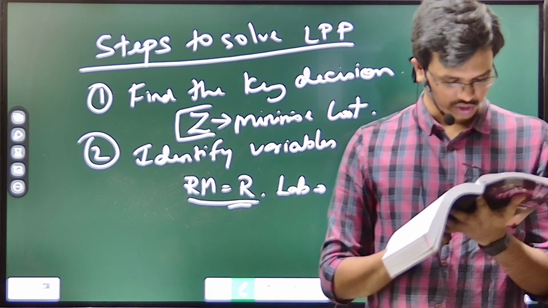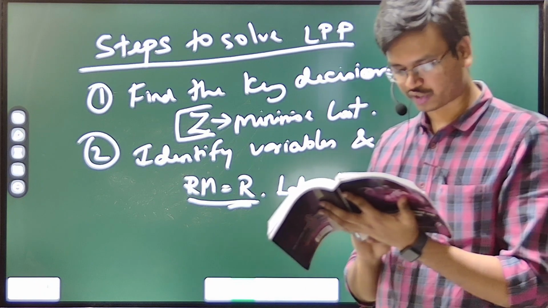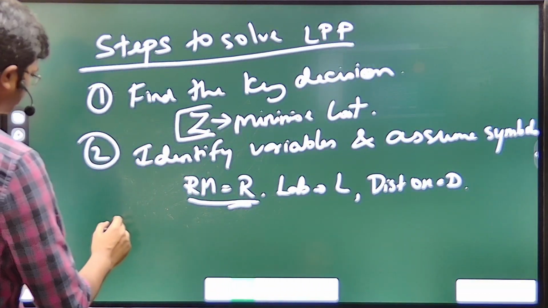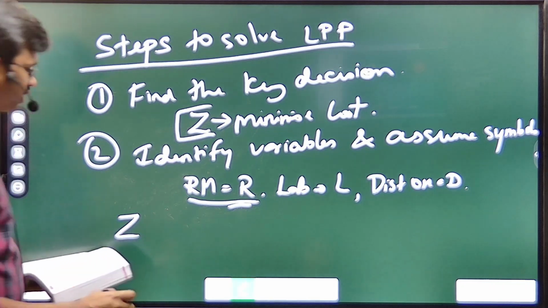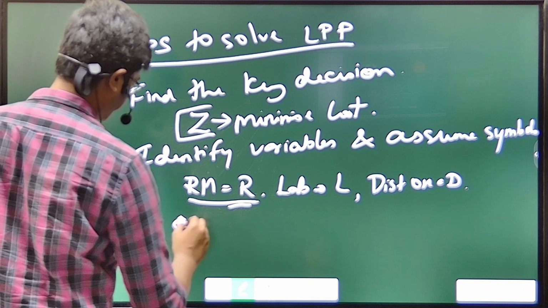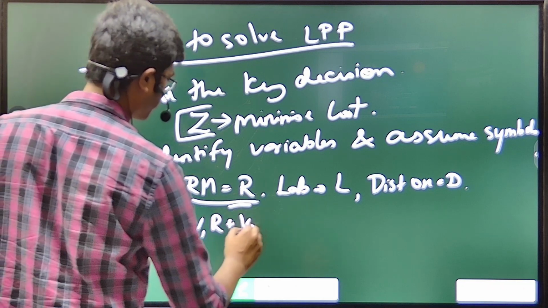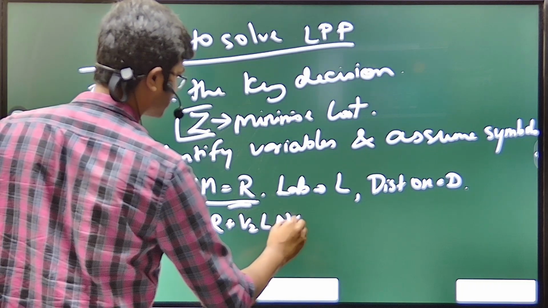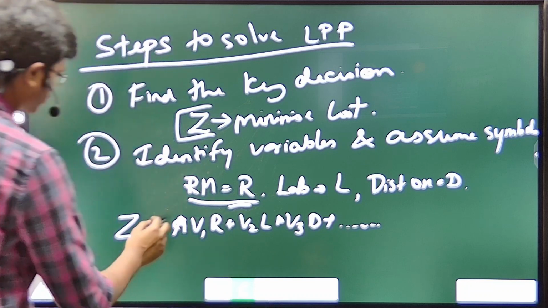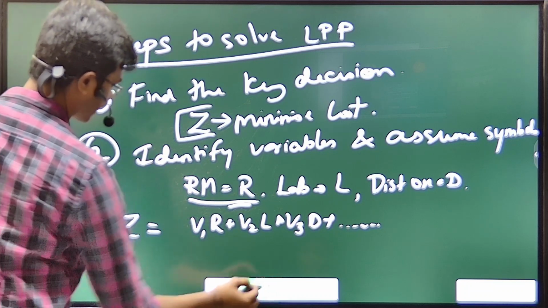Step 4 is mention the objectives quantitatively and express them as a linear function of variables. So you will have to get a linear function. Linear is nothing but a straight line, right? So it may be z equal to, say, v1R plus v2L plus v3D and so on. This is a linear function, where each v is a constant multiplied by your variable.